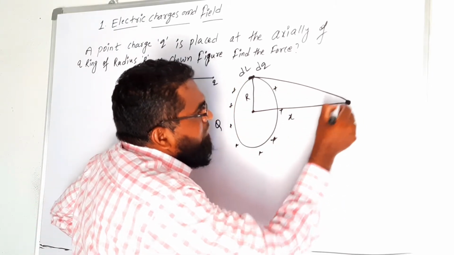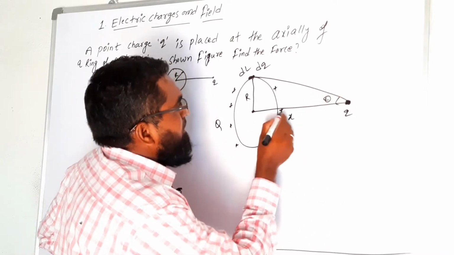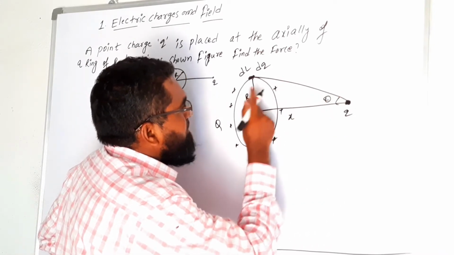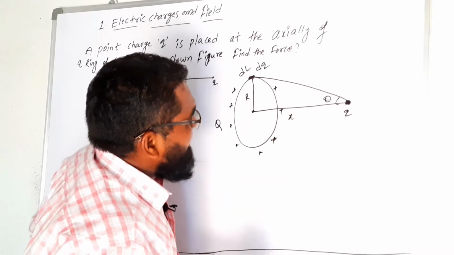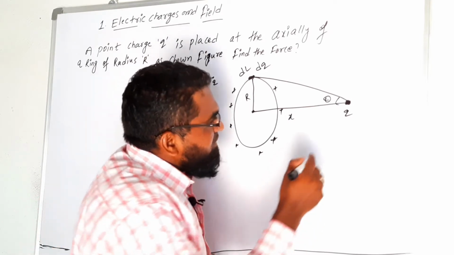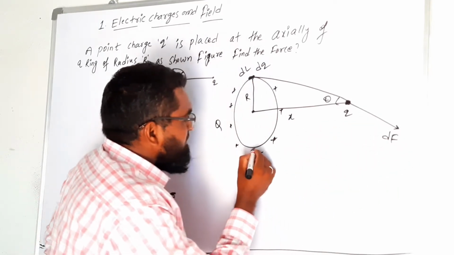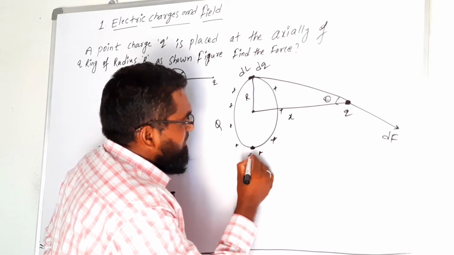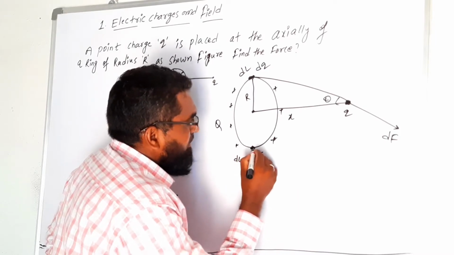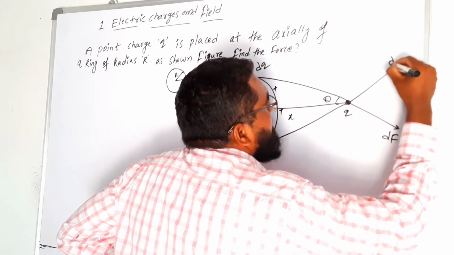Here the angle is theta; this is the adjacent side, this is the hypotenuse, this is the opposite side. Both charges are repelling each other, so let us take the small force due to dq as dF.